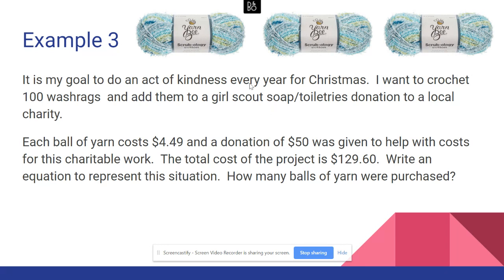So this yarn that I found at Hobby Lobby costs $4.49 each, and a donation of $50 was given to me to help with the cost of this charitable work. The total cost of the project was $129.60. So we want to write an equation to represent the situation and find how many balls of yarn were purchased.